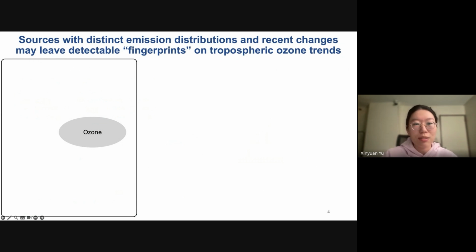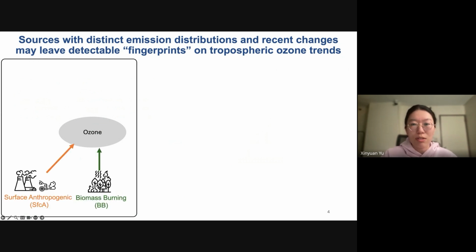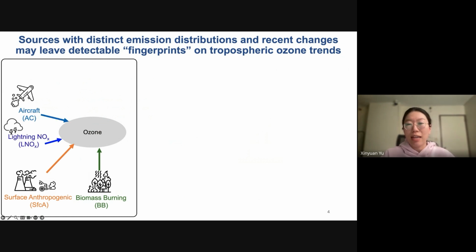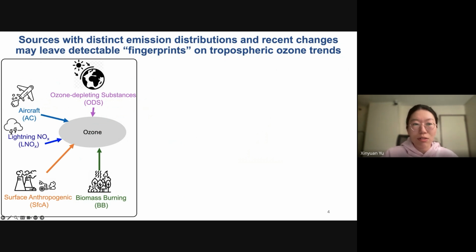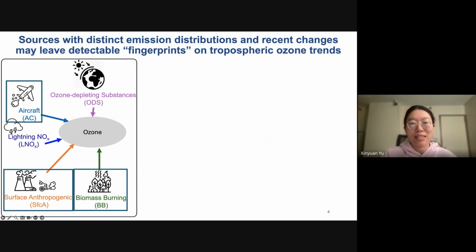These sources include the surface emissions of anthropogenic and biomass burning, and the sources in the middle to upper troposphere, including aircraft and lightning NOx emissions. We also care about the influence from the stratosphere induced by changes in ozone depleting substances. However, due to the time limit, I will only talk about these three sources today.